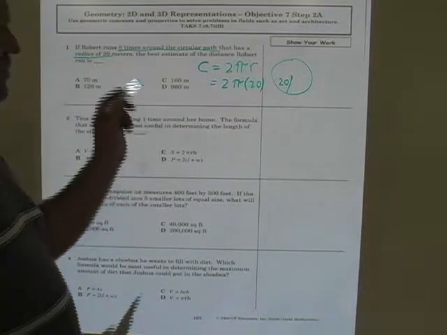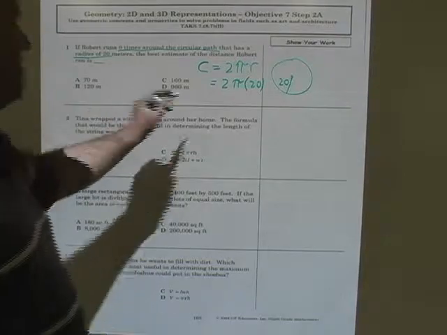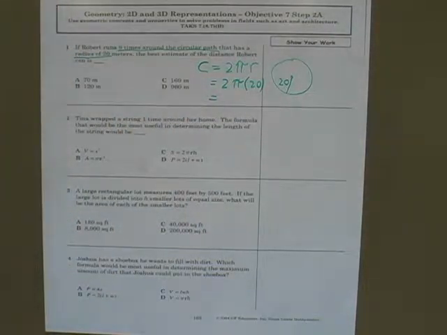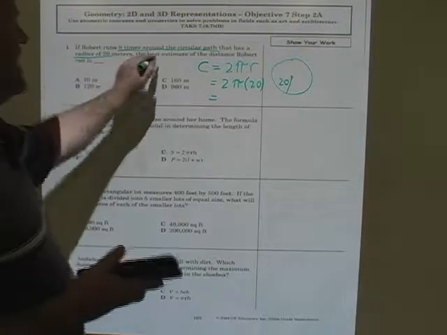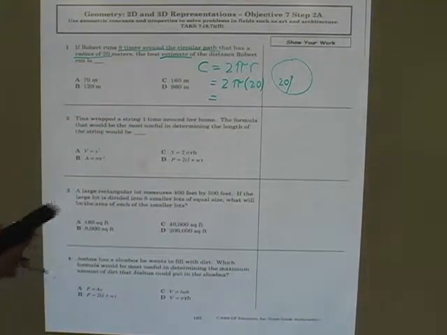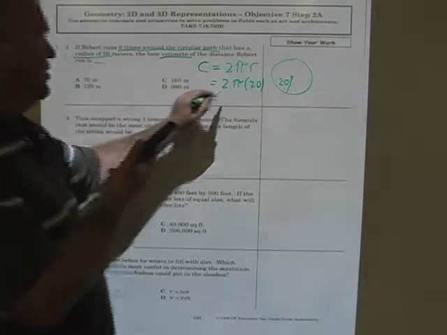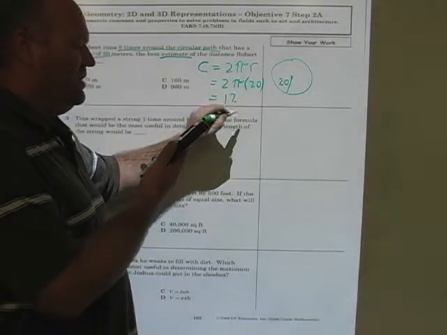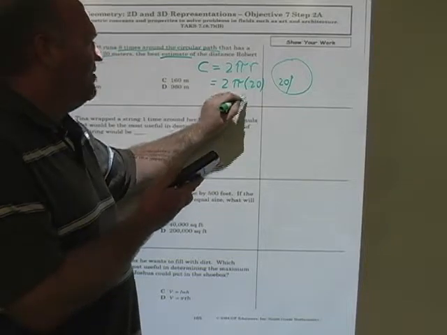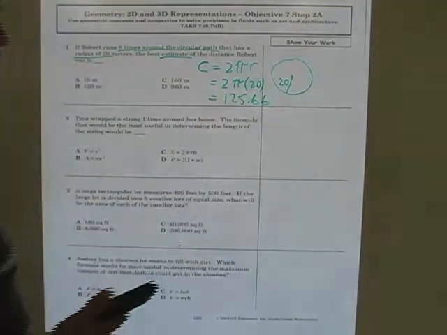And we also know we need to go around this 8 times. And you can go ahead and calculate 2 times pi times 20. And notice that it does say estimate here, so we're going to go ahead and do 2 times pi times 20. And we're going to get 125.66. Okay?